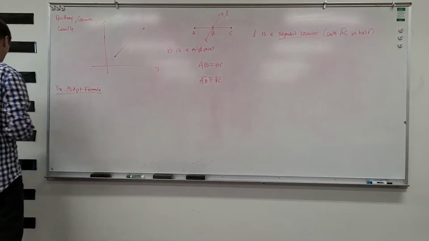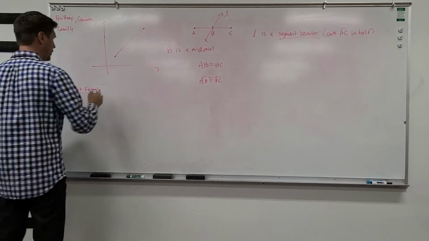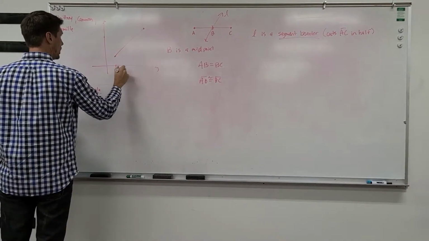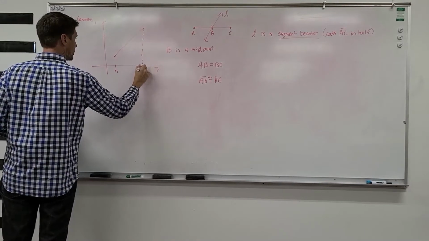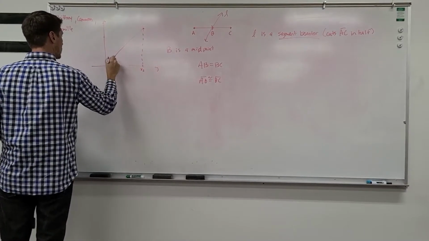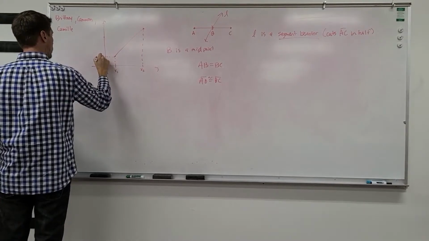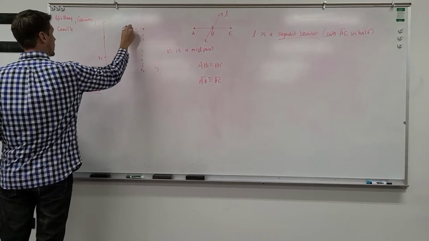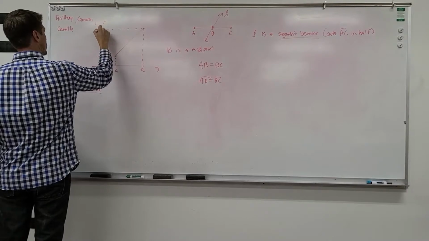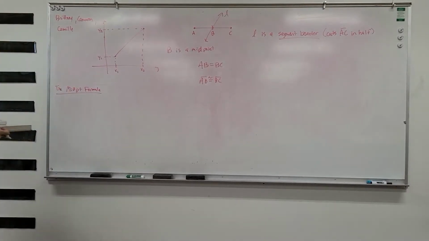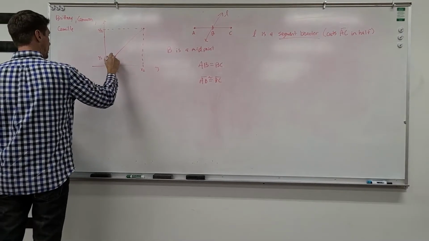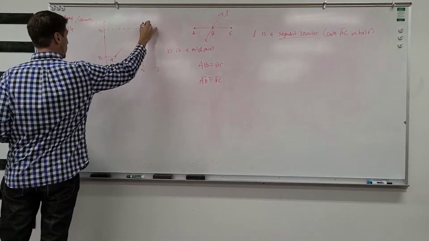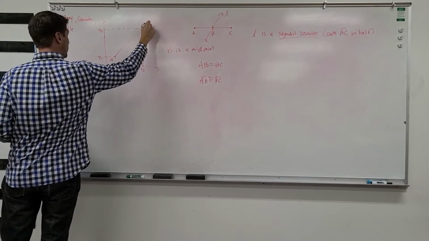And the midpoint formula says that if this here is x1 and this is, draw a dotted line down there, x2, and this is y1, and we draw a dotted line over here to show that this is y2. And this is point A, and this is point B.